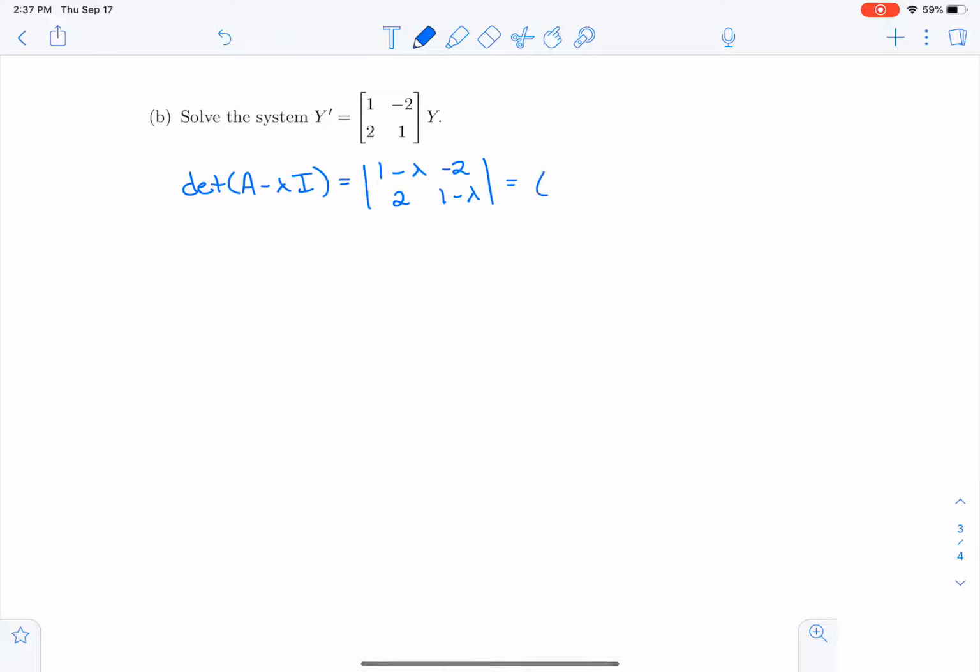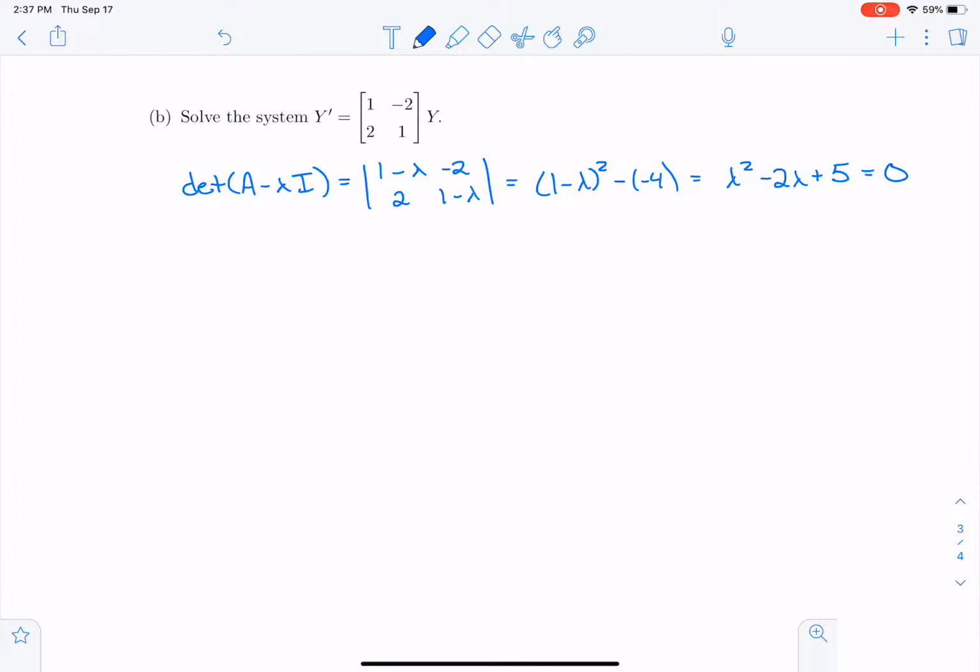So that actually becomes (1 minus lambda) quantity squared, and then minus a negative 4. That's actually going to be lambda squared minus 2 lambda plus 1 plus 4, so that's plus 5, and we're going to set that equal to 0.